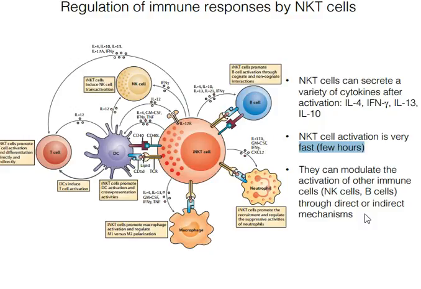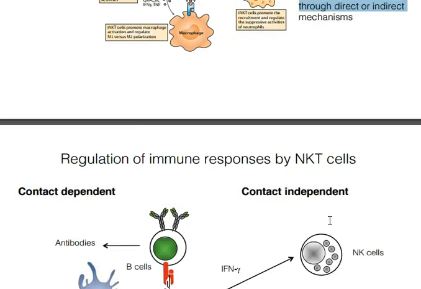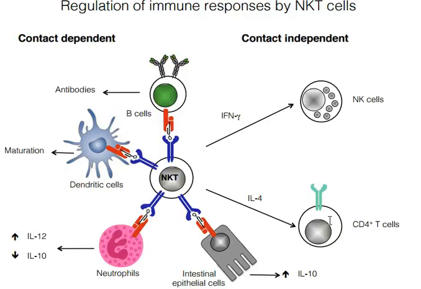The secretion of cytokines means that NKT cells can modulate the function of many other cells. They can do that by secreting cytokines, as we said. They produce a lot of interferon gamma, for instance, and this can act on other cells like NK cells. They produce IL-4 as well.